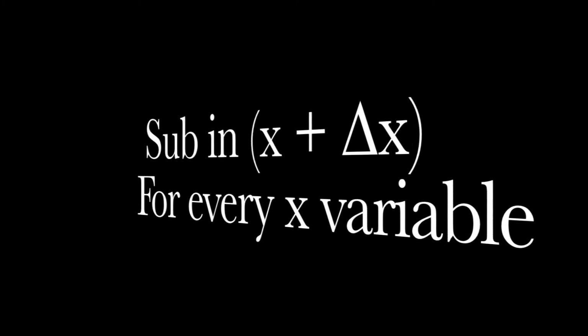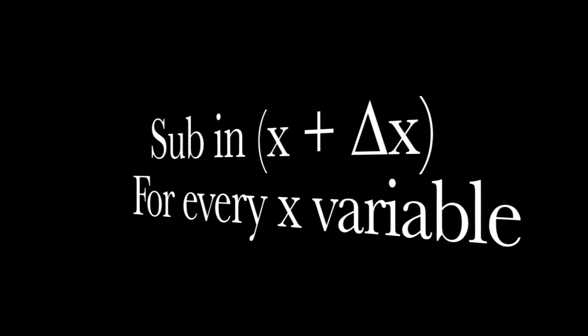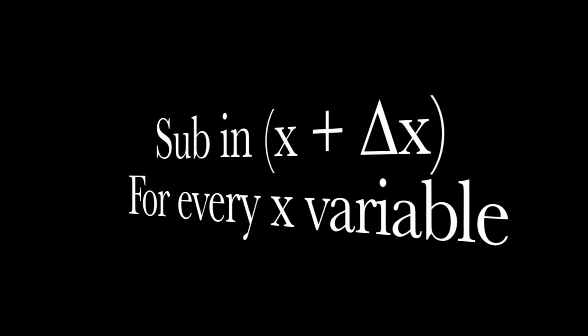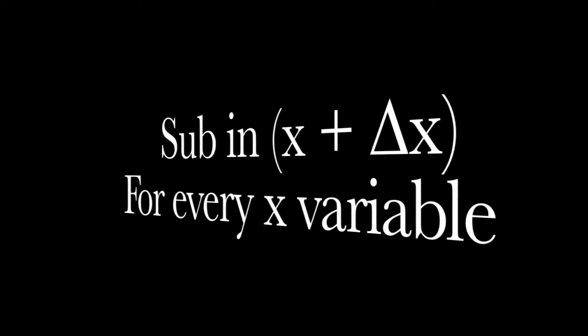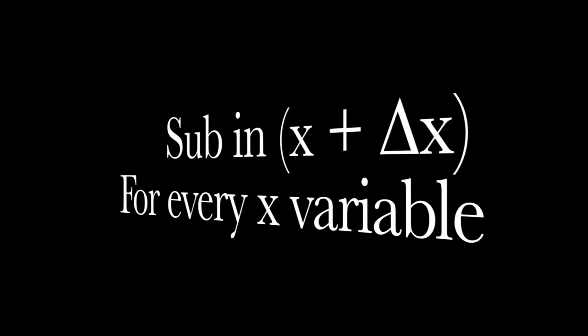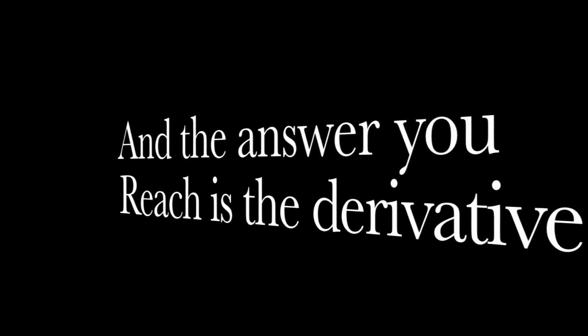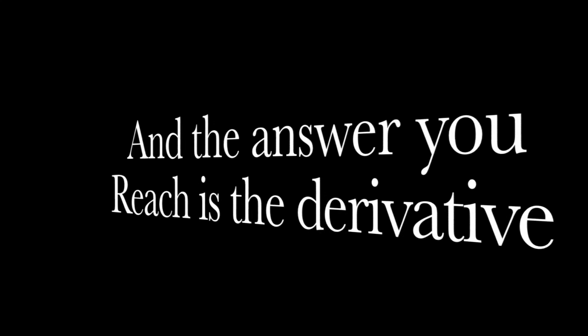You would sub in x plus delta x for every x variable, minus the original equation, all over delta x. Expand, cancel out like terms, and the answer you reach is the derivative using the formal definition.